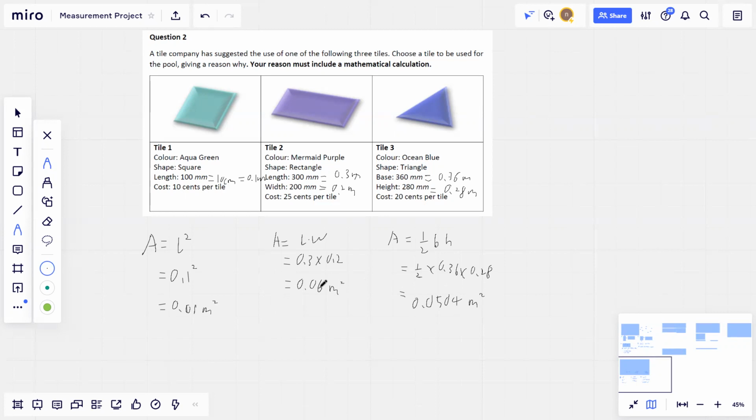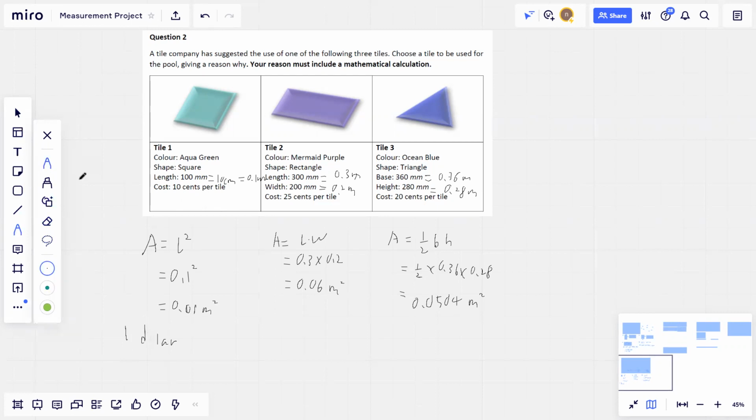And how can we find which one is the cheapest? We can find how much area we get for $1. For the first tile, if we have $1, since it is 10 cents each, we can have 10 of tile one. I just rewrote the dollar sign because it was a little bit not clear.